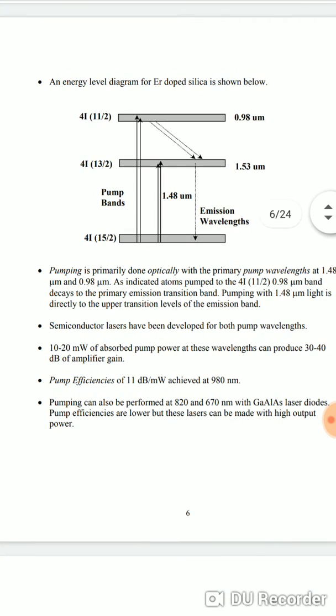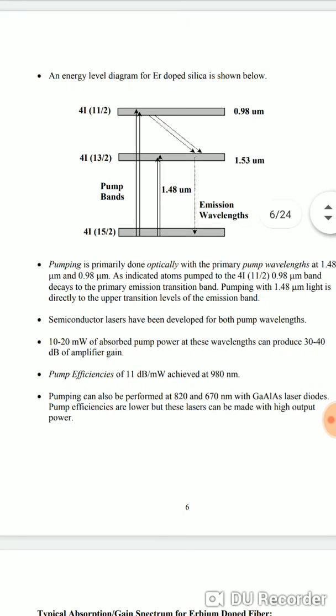Here 3 levels are shown. The first has the lowest energy state, the second has a higher energy state, and the third has the highest energy state. The arrow shown from bottom to top indicates that the maximum number of electrons are forcefully excited to the higher energy level.